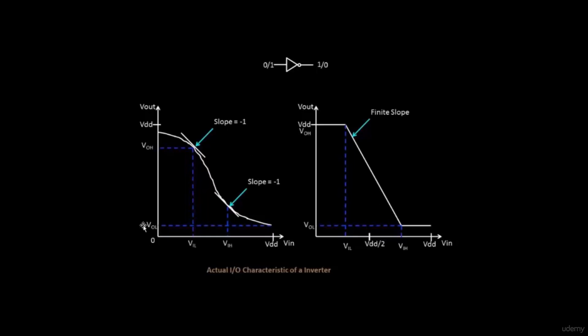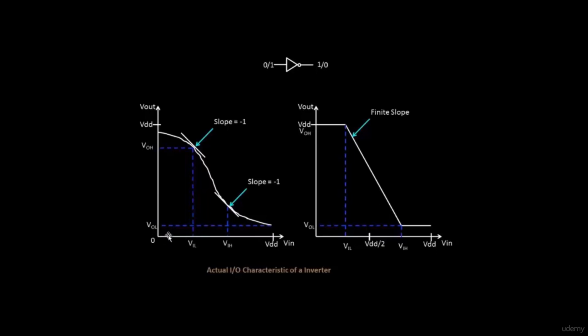The first thing is your VOL should be less than VIL, so that the next stage of the inverter should be able to recognize logic 0 at its input. And to recognize logic 0 at its input, we have made an inference which says that your input voltage should lie somewhere less than VIL.